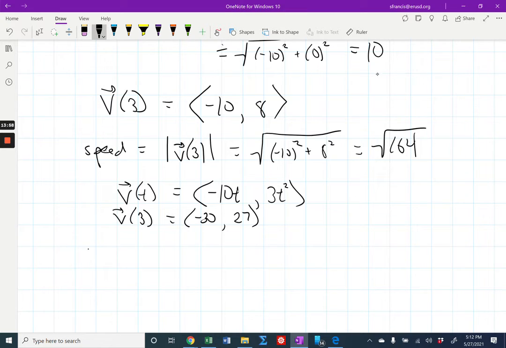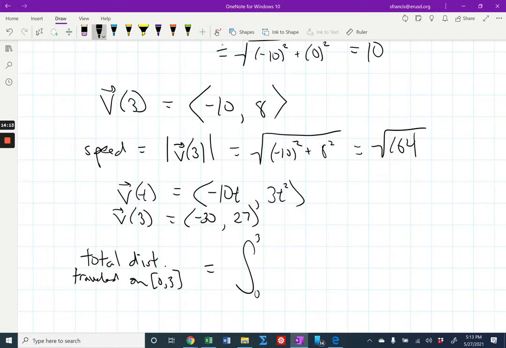What if I wanted the total distance traveled on some interval? Let's say on the interval from 0 to 3. Well, total distance is the definite integral from 0 to 3 of the absolute value of the velocity function. Now the velocity function is in 2 dimensions.